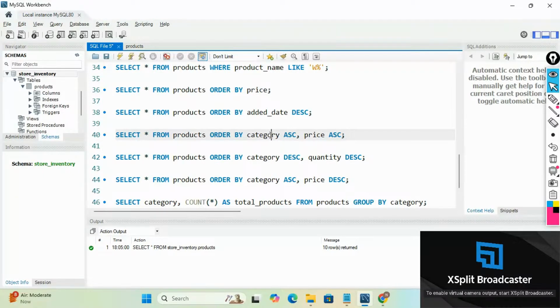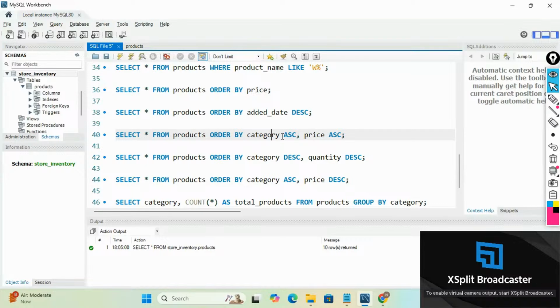Out of all the categories, it starts from ascending order, whichever category starts from A or B. Ascending order is nothing but small to big, so from A to Z, between these alphabets, if the category falls.